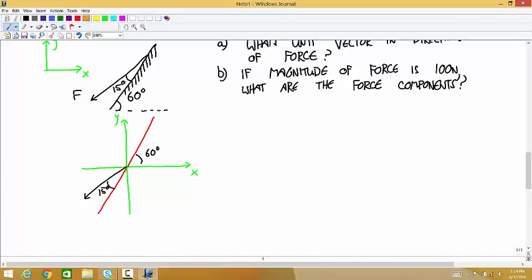Okay, so change this one to orange. This one's red. Okay. So starting at the positive x-axis, we go 60 degrees to get to the red vector.